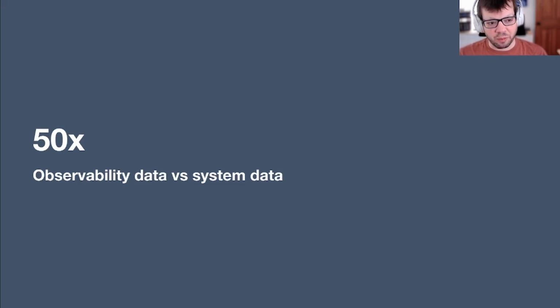But as a rough rule of thumb, you're going to have 1 to 2 orders of magnitude, or about 50 times more observability data than you will have system of record data for your transactional system. So we're talking about huge volumes of data that we need to keep somewhere. And this is really the challenge of modern observability, especially as that core system data itself is expanding exponentially, right? Our observability data sets are expanding even faster, creating significant challenges for your architectures.